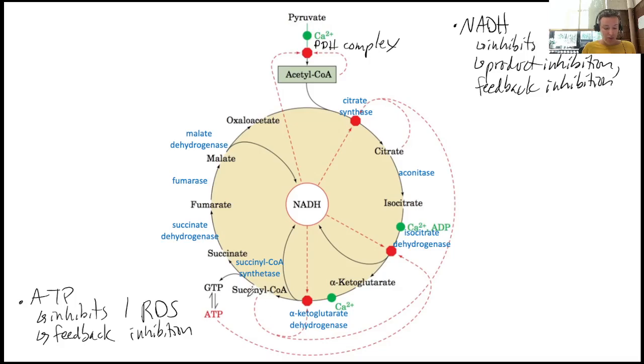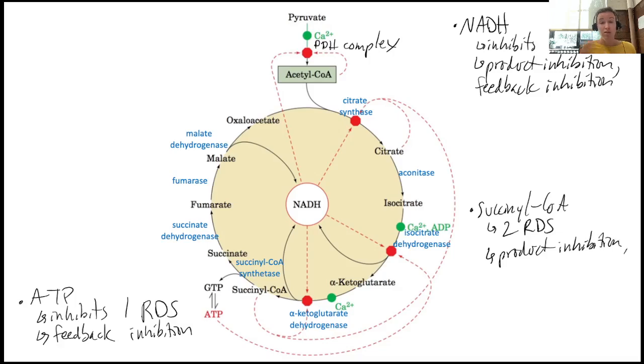Now, lastly, folks, we see succinyl-CoA performing inhibition. Succinyl-CoA is going ahead and inhibiting alpha-ketoglutarate dehydrogenase. And there's also a line all the way over here, back to citrate synthase. It is inhibiting alpha-ketoglutarate dehydrogenase through product inhibition, since it's a product of that enzyme.